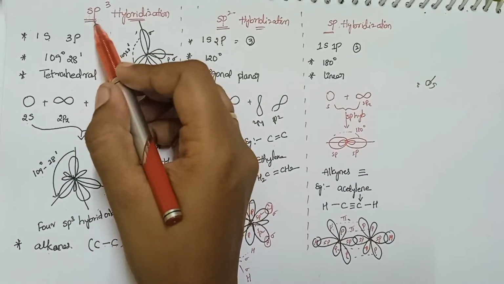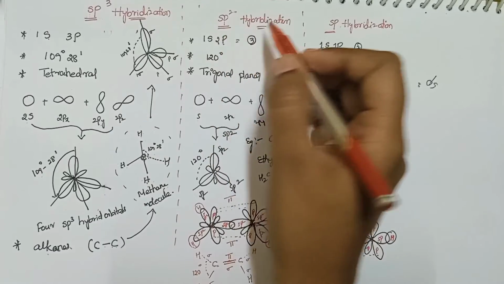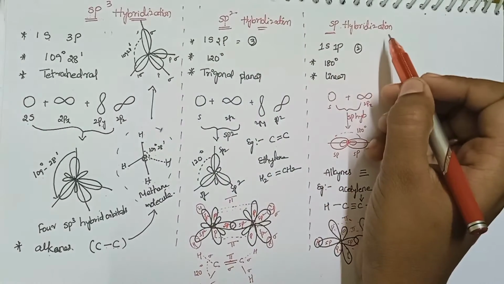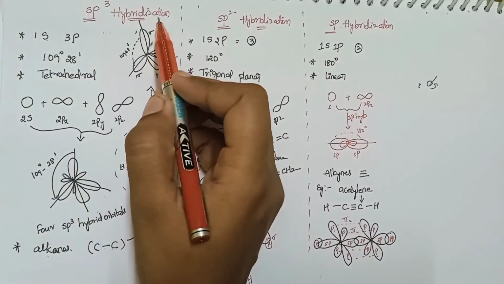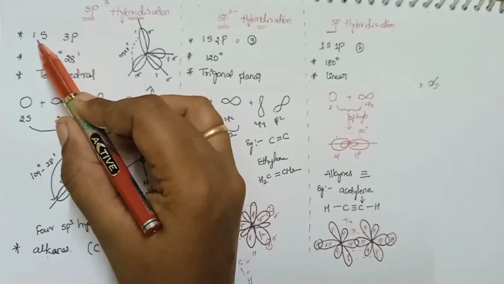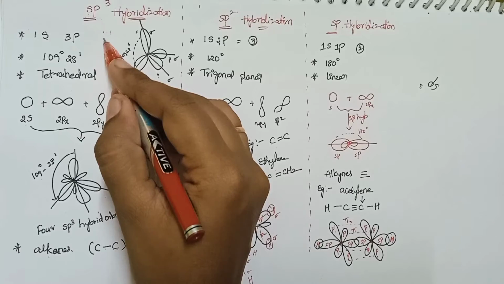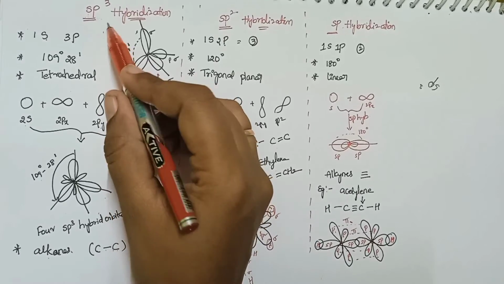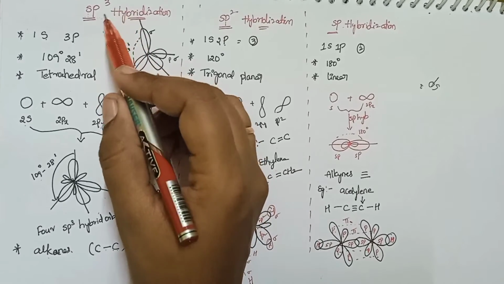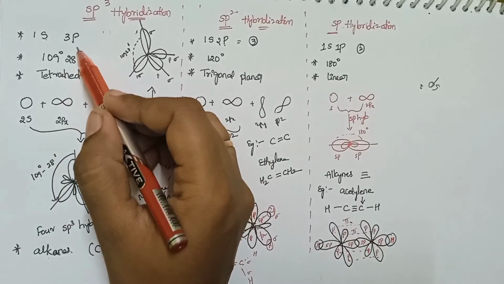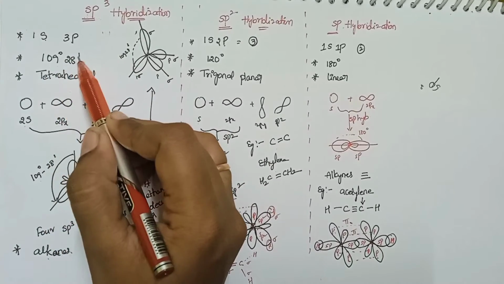So first sp3 hybridization, sp2 hybridization and sp hybridization. In sp3 hybridization, one s orbital and 3 p orbitals form 4 equivalent sp3 hybrid orbitals. The angle is 109 degrees 28 minutes.